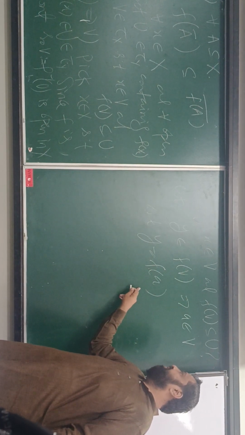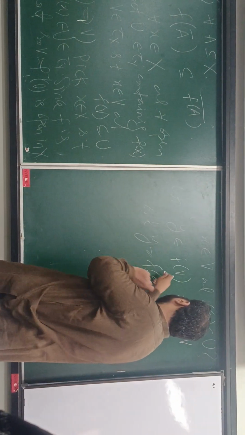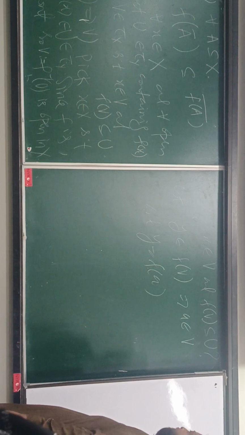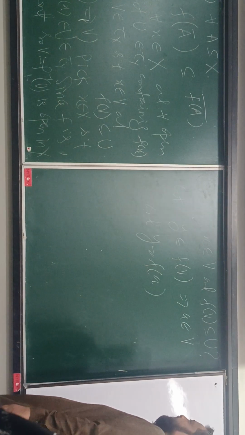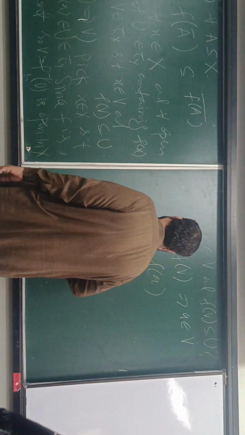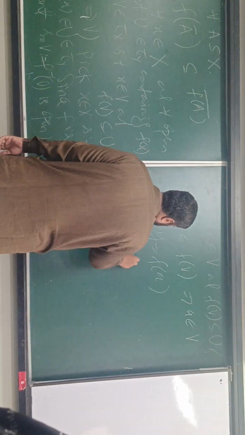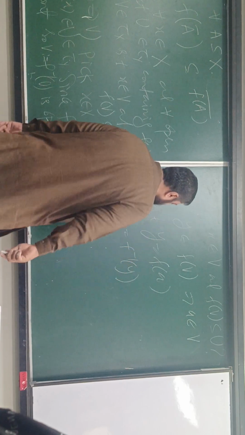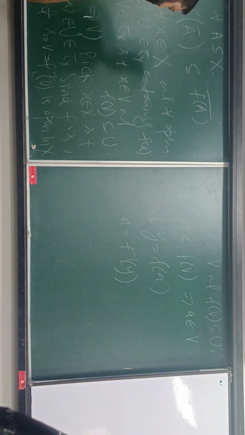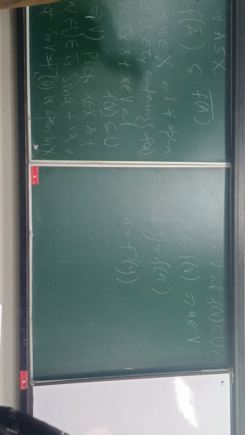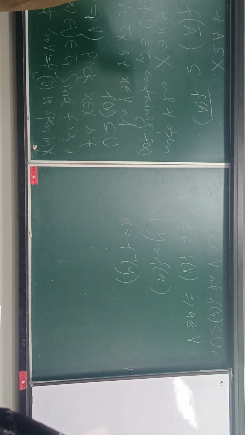So if y is f of a and a is inside v, okay, then I can also say a, which is f inverse of y, is going to be in another set actually, and that is f inverse of u actually.